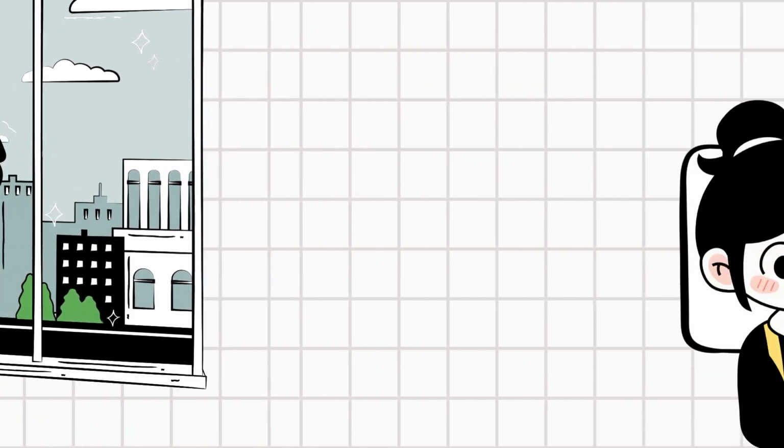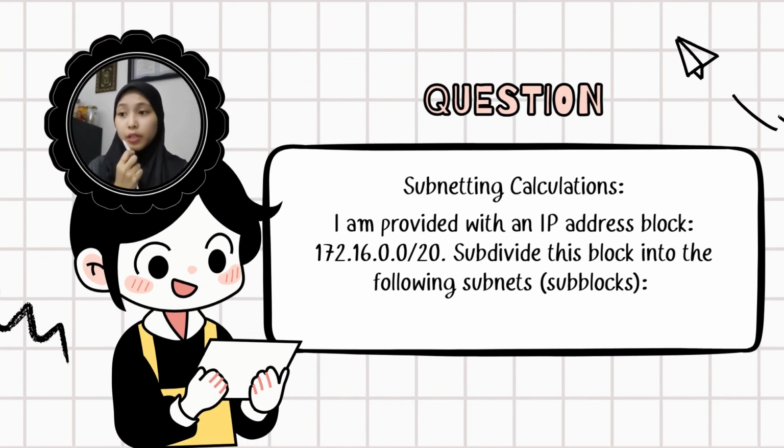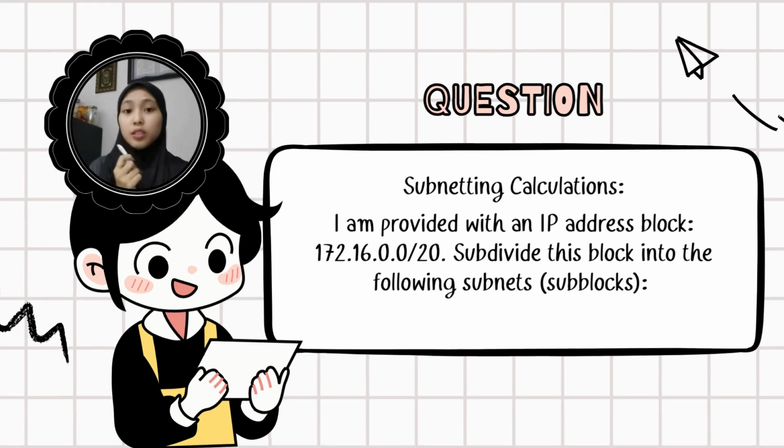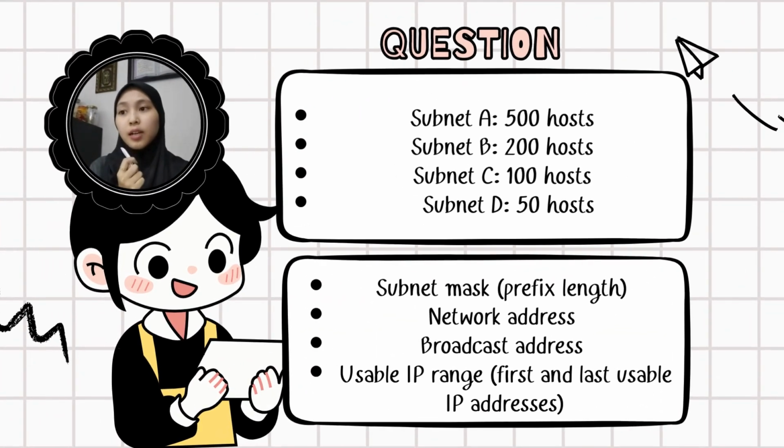I am going to present the subnetting calculation for my final assessment. The question I am given is an IP address block, 172.16.0.0/20. I am asked to subdivide this block into the following subnets: subnet A with 500 hosts, subnet B with 200 hosts, subnet C with 100 hosts, and subnet D with 50 hosts.